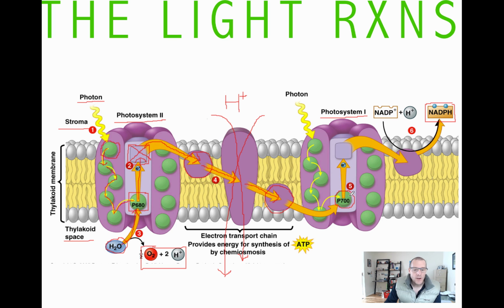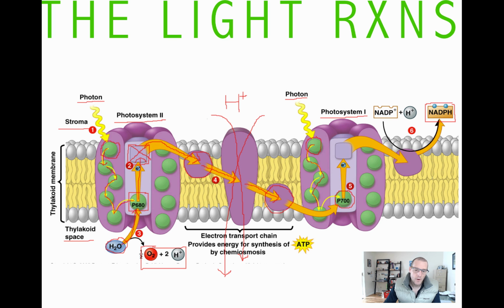So what's going to happen is low energy electrons arrive here in P700, and photons of light are going to excite pigment molecules just like we've had happen in photosystem 2, and we have the electron excited, collapses back down to the ground state, and then another photon is emitted. Same thing happens, excitation, sinking back down to the ground state, a release of a photon.